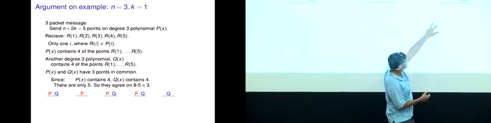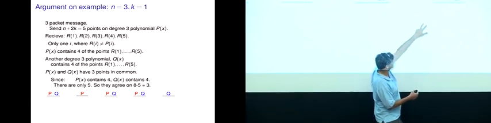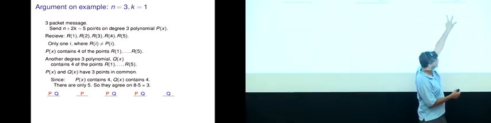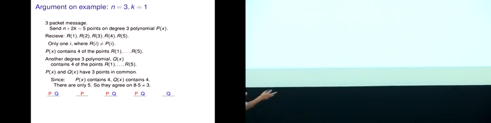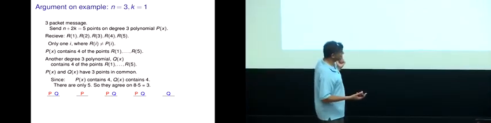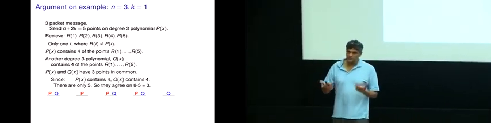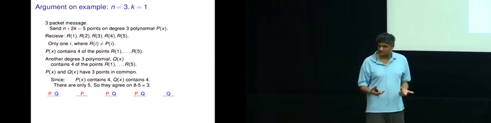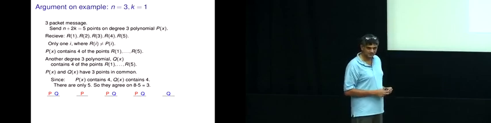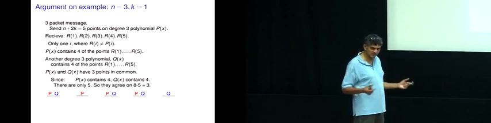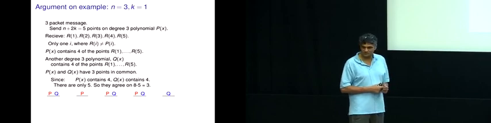Here, P of x and Q of x are both correct, and here P of x and Q of x are correct. Here, only Q of x is correct. So you see 3 holes where both P and Q are correct. It's just a little bit of counting: there's not enough room for them all to be correct on different sets of points.